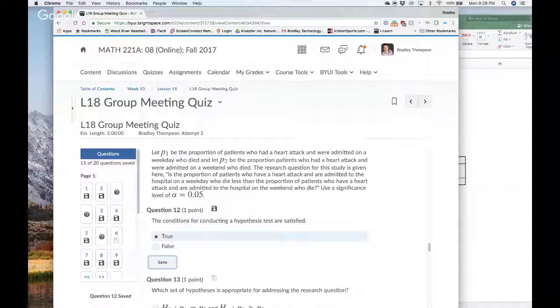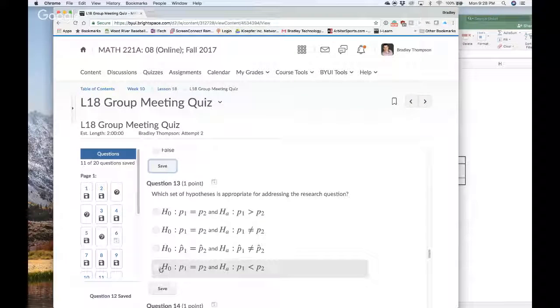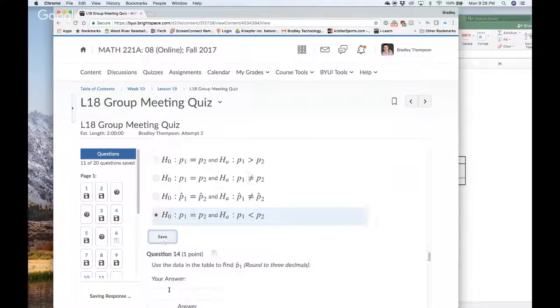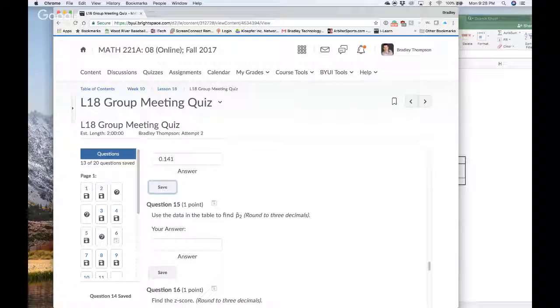Point estimate difference. Where'd it go? Comparing to population proportion within different samples. So the point estimate, I guess, is P1 minus P2.